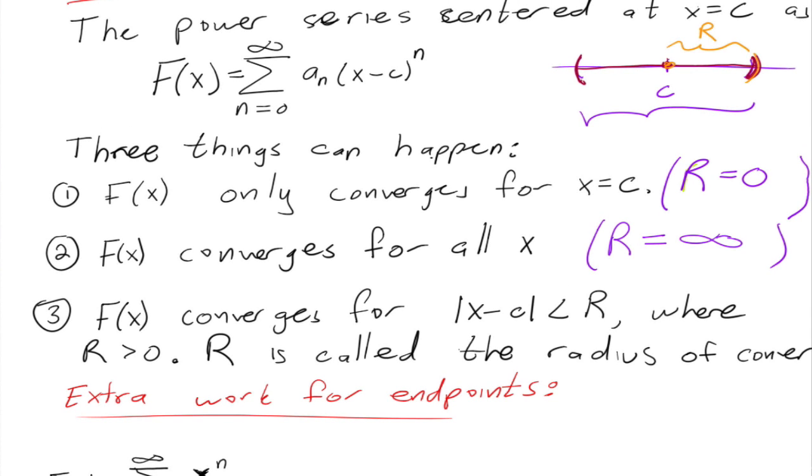It's called the radius because it's the interval centered around that number c. So whatever your radius is, that's how big your interval is. That's the distance from the center to the endpoint.